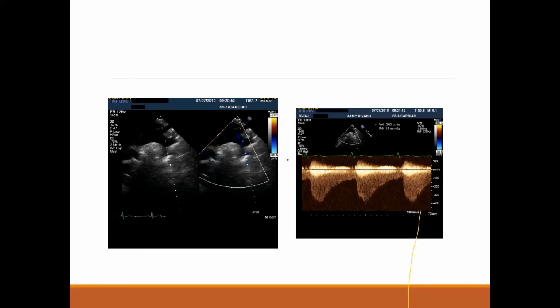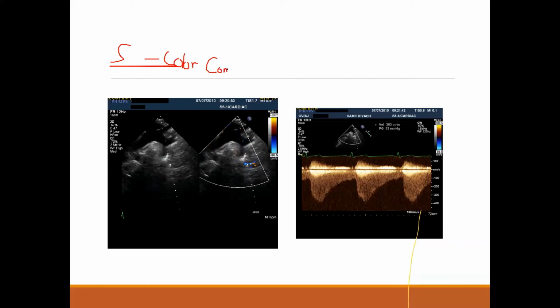Okay. Of course, I told you here the best description of this one. You are right when you say suprasternal with and without color, but you can call it suprasternal color compare view. Because if you go back to the echo machine, there is a color compare button, right?